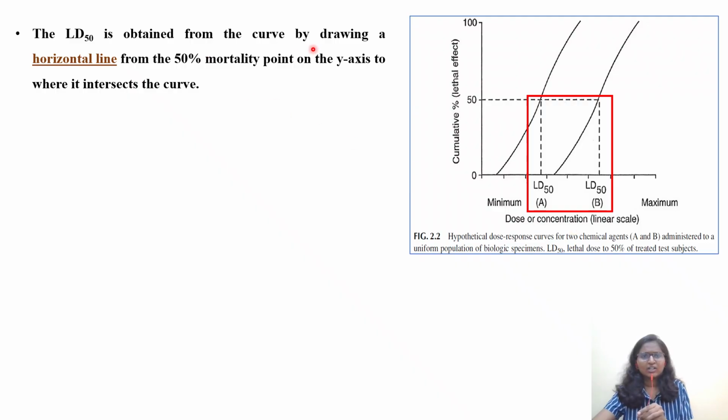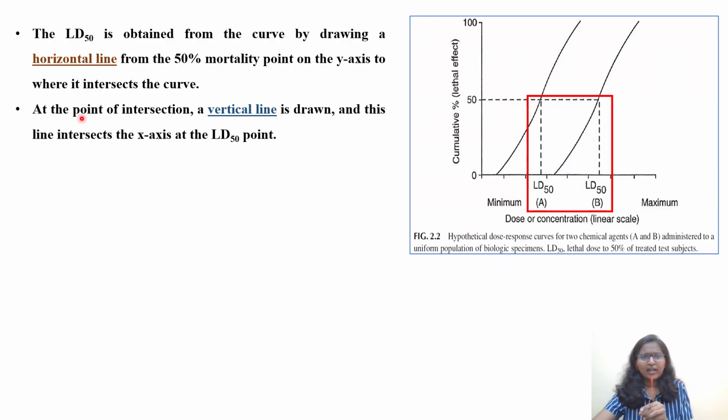So this is the place where it intersects. At the point of intersection a vertical line is drawn, and this line intersects the x-axis at the LD50 point. So this will be the LD50 for this particular chemical A.